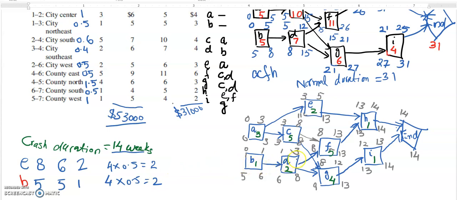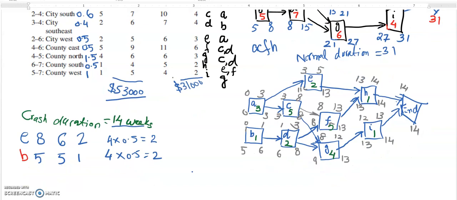How about D? D also has a slack of 5 days, but remember that once we have changed B, it will also affect D. Okay, so let's see what's the condition of D. D has originally a slack of 5 days, and the situation of D is that it changed from 7 to 2.